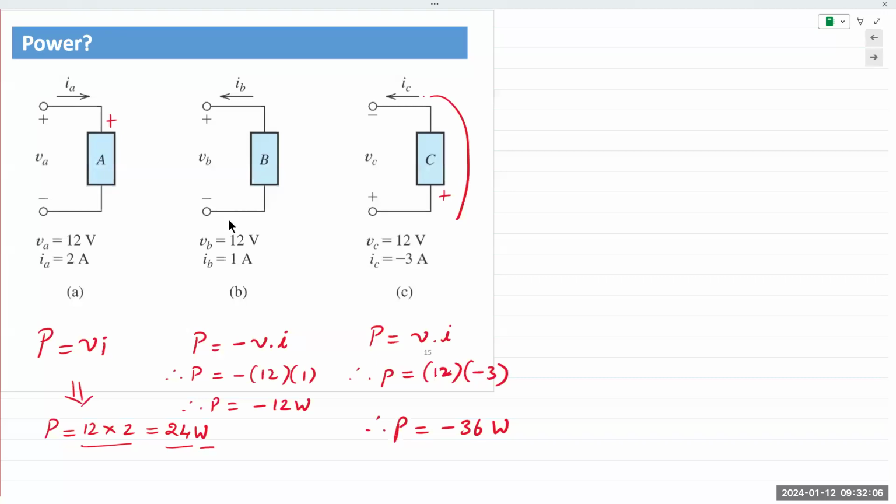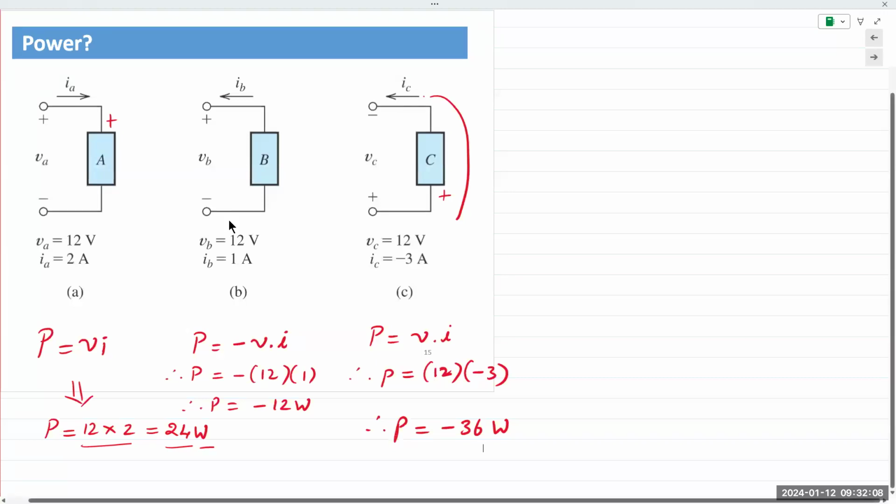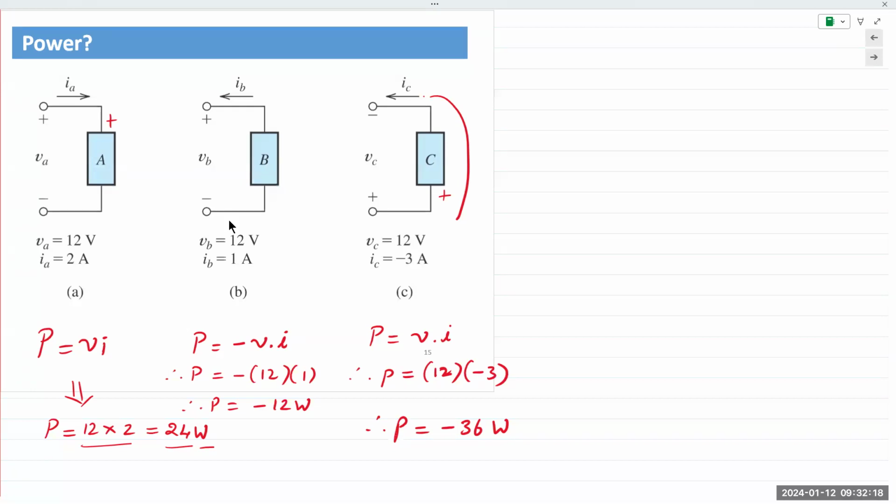Yes. Question being asked is which elements are absorbing and which ones are supplying energy? And the answer is, if your eventual answer for power is positive, then the energy is being received, energy is being absorbed. If your eventual answer is negative, as we see for B and C, which is minus 12 and minus 36 watts, then energy is being supplied.